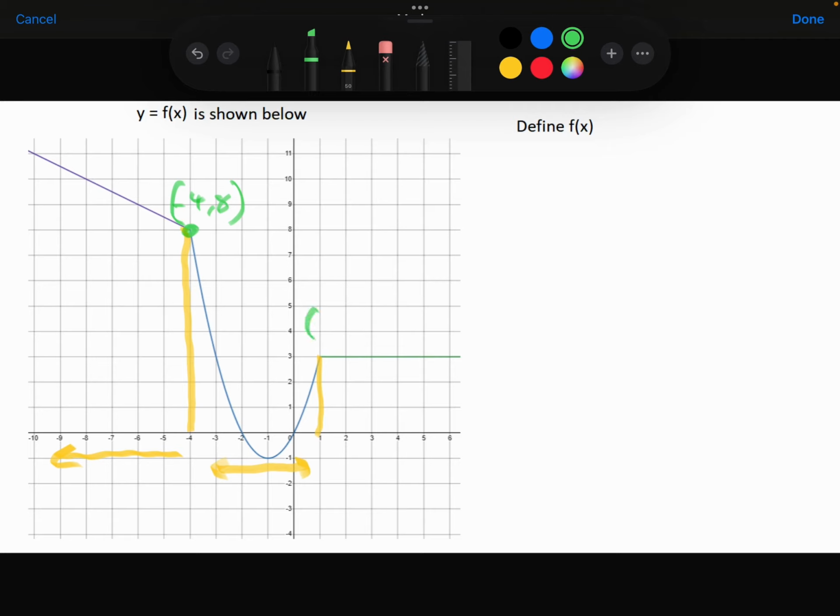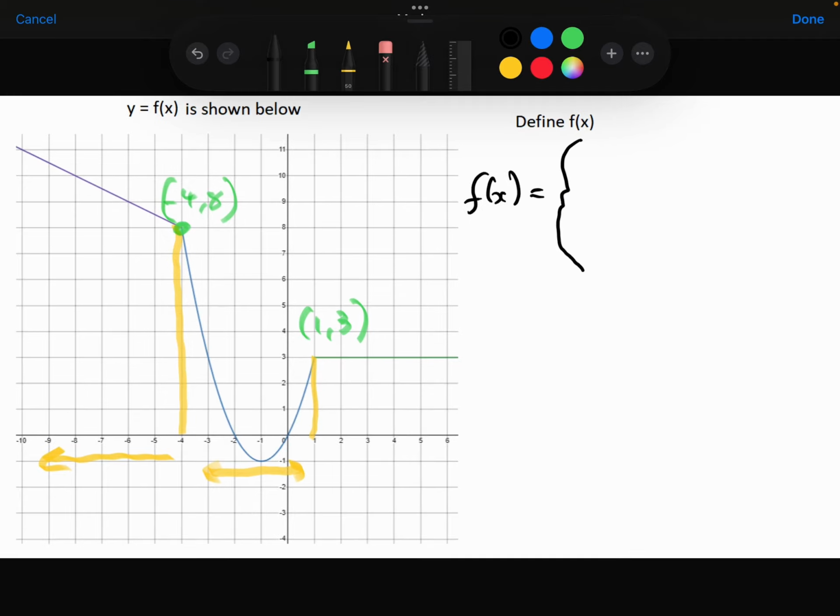Similarly, at the point where x is 1 and the y coordinate is 3, the quadratic goes through that point and the green line also goes through that point, so I could include the 1 in the domain of either of those. It's up to me to choose. So, f of x. I'm going to use the curly brackets here to group together all the different equations.